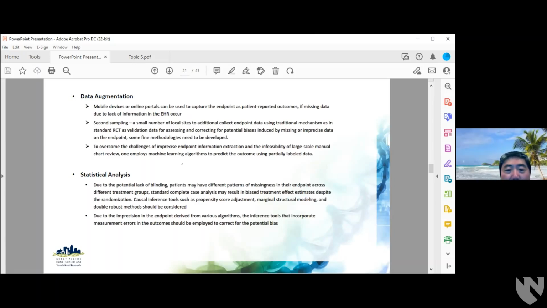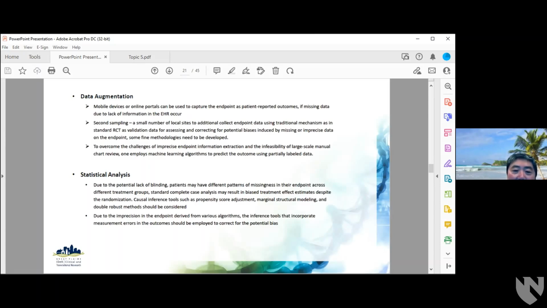Also, if some endpoints are imprecise, some portion is precise and some portion is imprecise, sometimes you have to use modern machine learning methods to predict the outcome, to try to have a fair estimate of the outcome given that it is not precise, using partially labeled data to do this exercise.